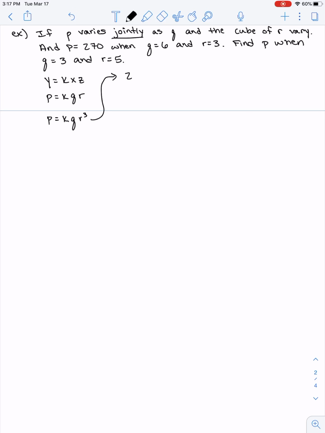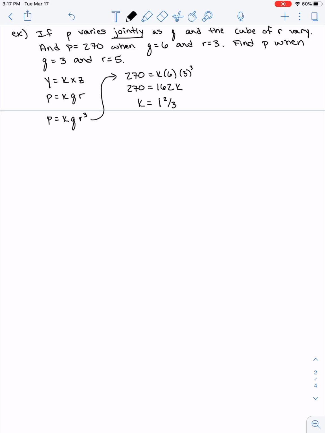So P is equal to 270 when Q equals 6 and R equals 3. So we get that 270 equals K times 3 cubed, which is 27, times 6 is 162. So K equals 1 2/3.